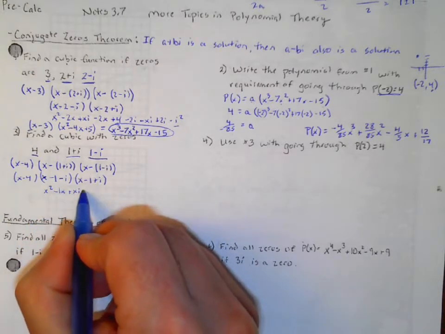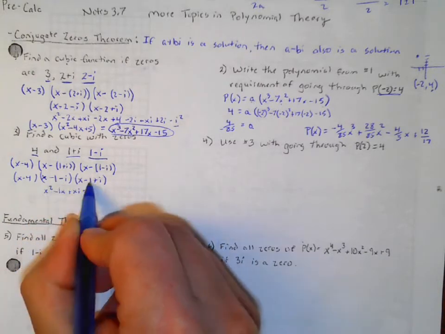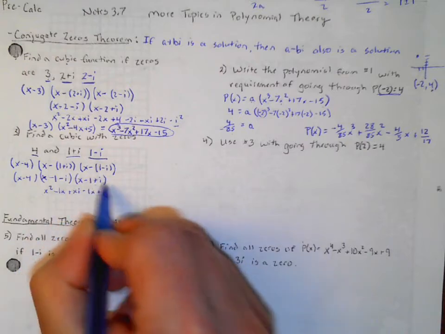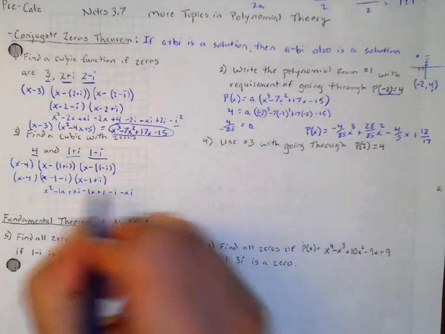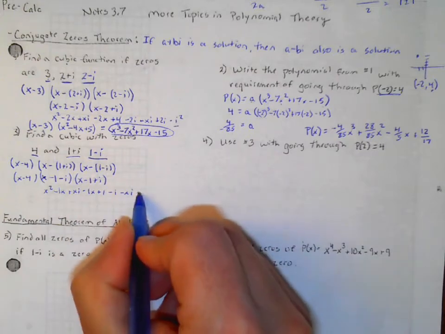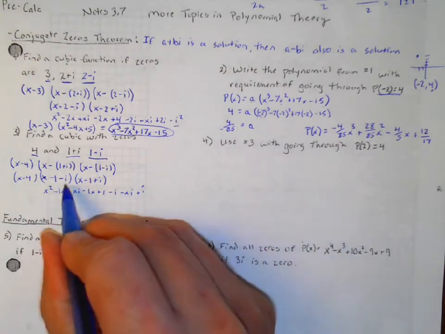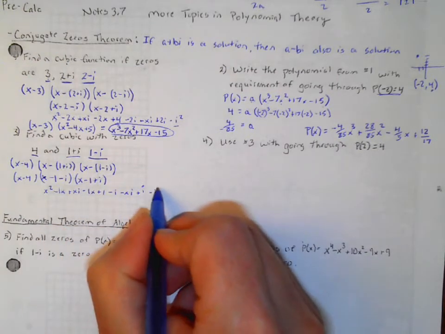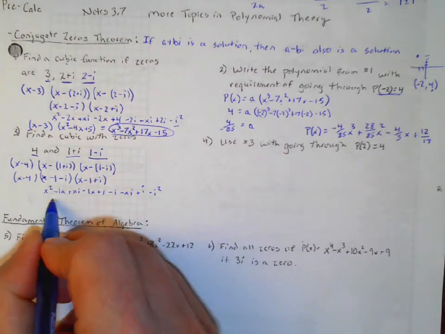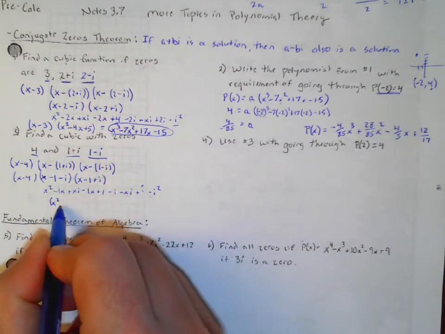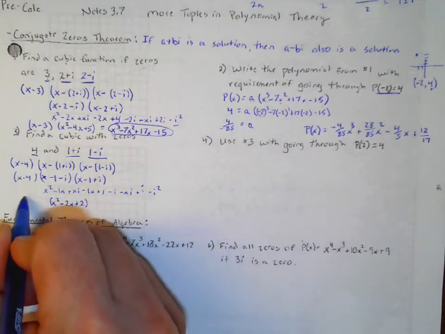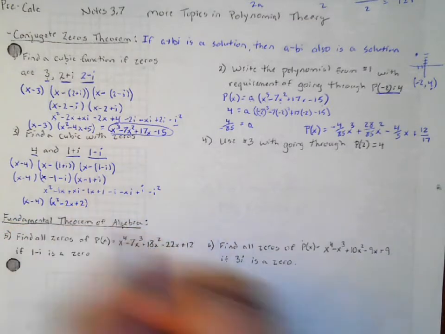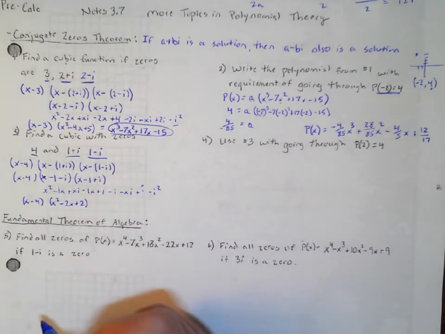Negative 1 x plus 1 minus i, minus xi plus i minus i squared. Okay, combining all those like terms together gives you x squared minus 2x plus 2. So a lot of the terms cancel out there.